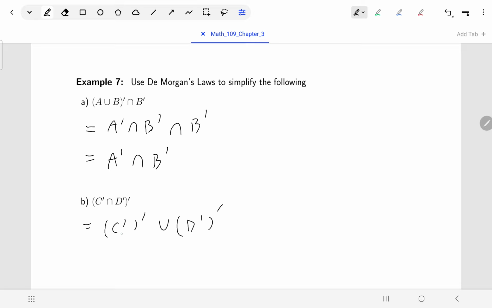We saw this earlier when we found B complement complement, and we said that's the same thing as B. Same idea here. C complement complement, the opposite of C, should just be C. And for D complement complement, the opposite of D should just be D. So that original expression, C complement intersect D complement, whole thing complemented, really just boils down to C union D.